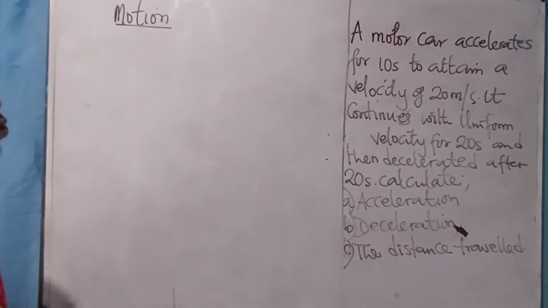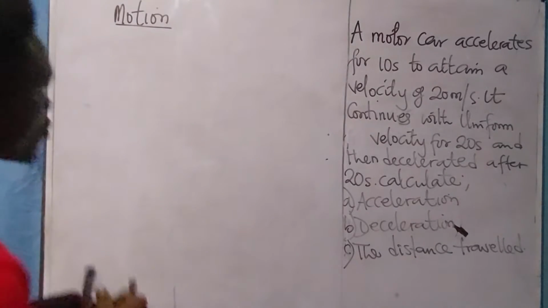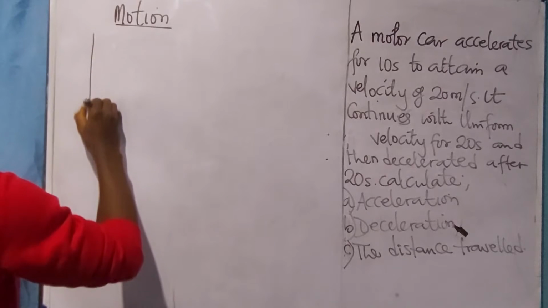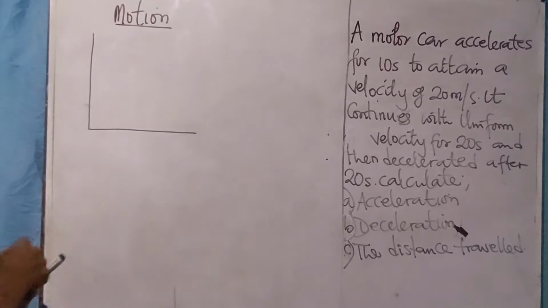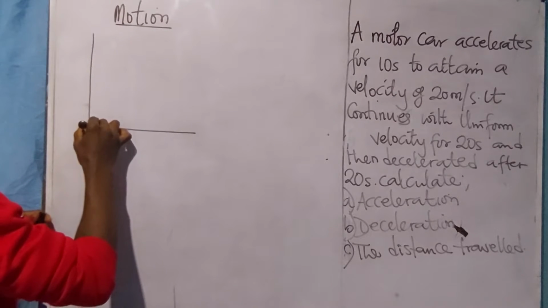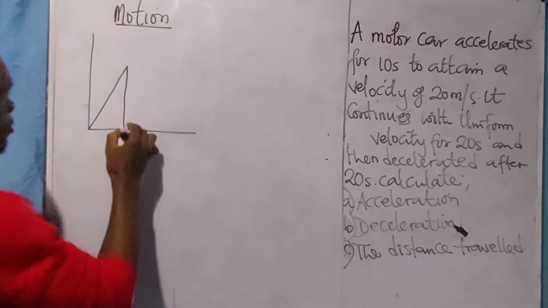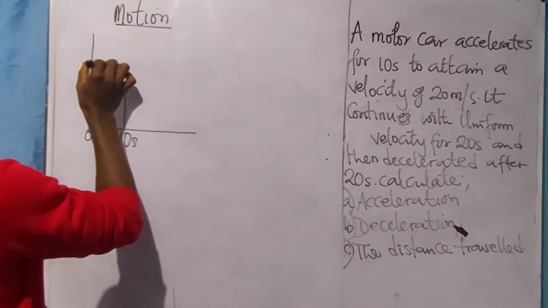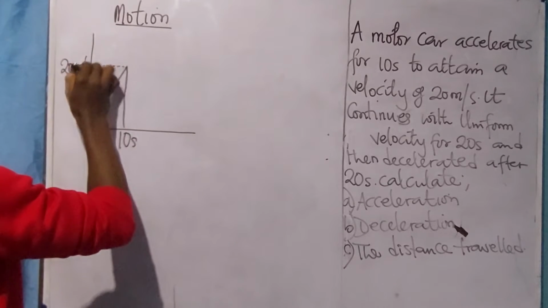Now, the first thing you do whenever you see a question like this is to plot the velocity time graph. All right, the velocity time graph, which is like this. Now it says a motor car accelerates for 10 seconds, with a velocity of 20 meters per second.